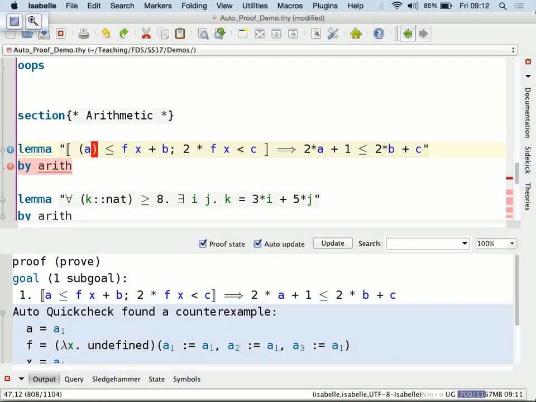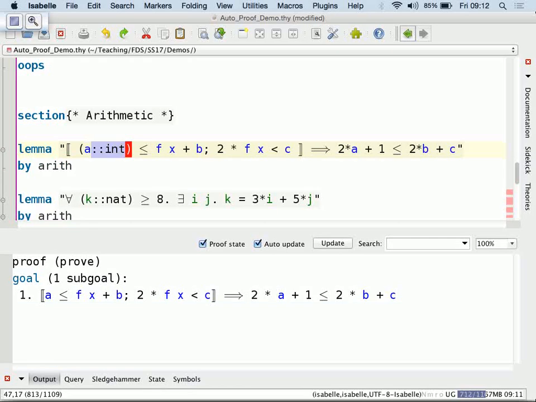It could be anything, and then you can't use linear arithmetic because it's not even clear that this is arithmetic. This might be some arbitrary type that has addition and multiplication. And so if I add this annotation, then it's clear that a is an int, and by consequence, basically everything in there must be an int.